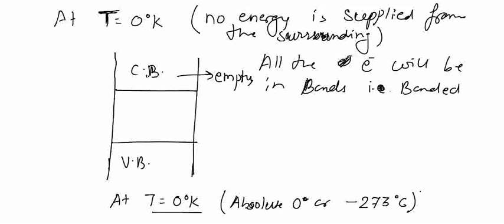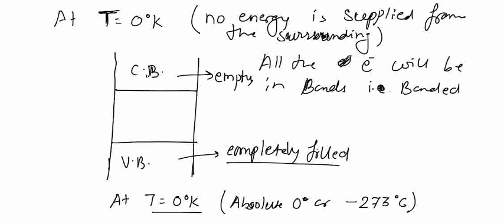At this temperature, there is no energy supplied to the material and all the electrons will be present in the valence band, meaning the valence band will be completely filled. All the energy levels will contain electrons, meaning all the electrons are in the valence band and all the energy levels in the conduction band will be empty.